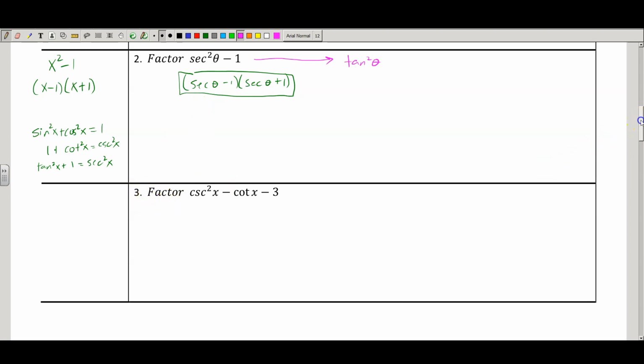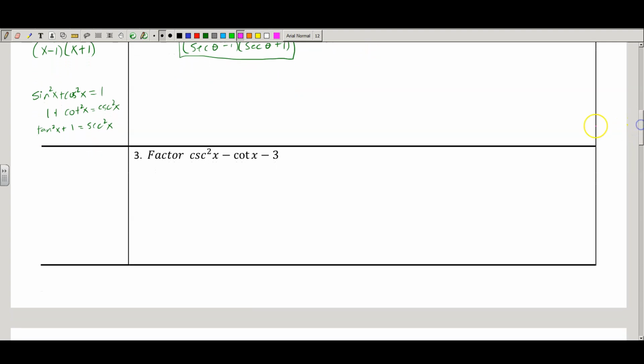If you ever have a problem like this, and this is going to show up in future sections as well, if we're trying to factor this, the problem is that we have a cosecant and we have a cotangent to start. So the first thing we want to do is actually use a Pythagorean identity to get all of these things to be common.